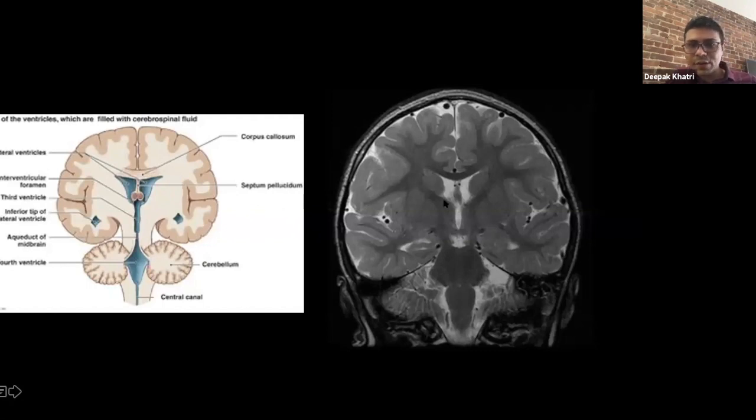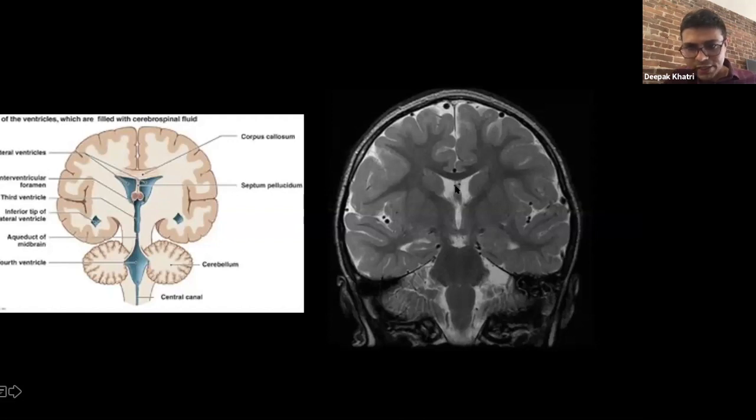Now, to correlate with this, this is a T2-weighted MRI. To look for the CSF, we do what's called a T2-weighted image in the MRI, where the CSF, which is more like water in the body, is demonstrated as a white structure. So you can appreciate the two lateral ventricles here.